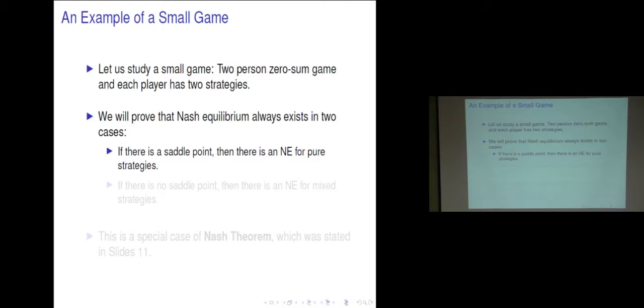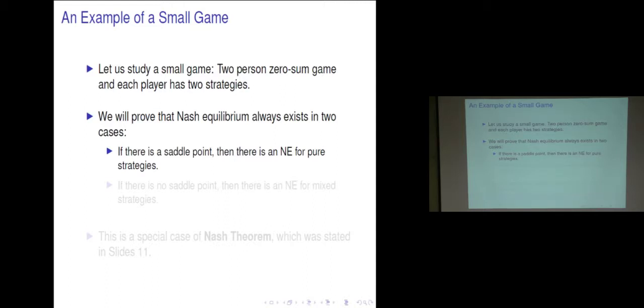Now we have this special case: two players, each with two strategies, and zero sum. I want to convince you that in this special case, we can always find a Nash equilibrium, no matter what payoff is assigned.